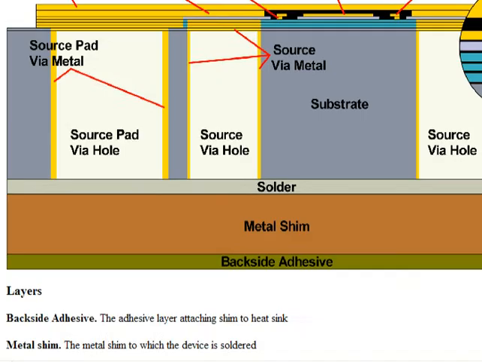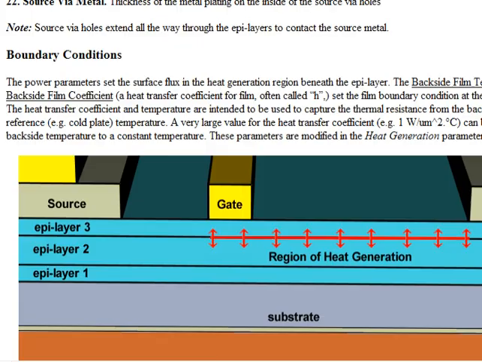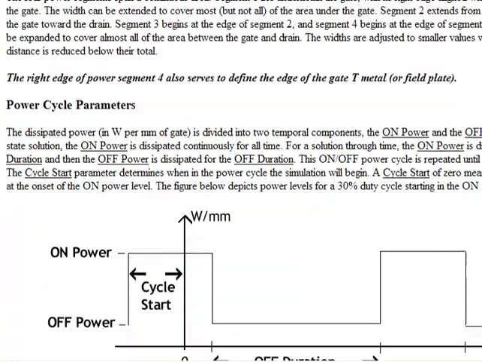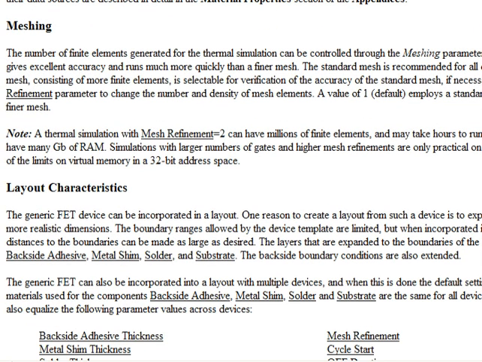So one final bit of information that's available in the help file is the meshing refinement parameter. It's one parameter that lets you actually increase the number of mesh elements that are generated for the simulation. By default, the default value uses an optimal mesh that's optimized for accuracy and speed.